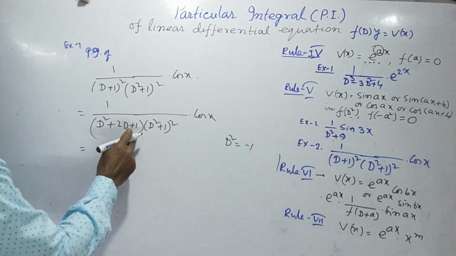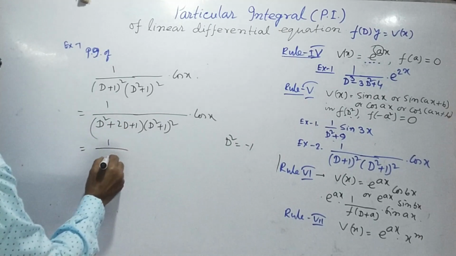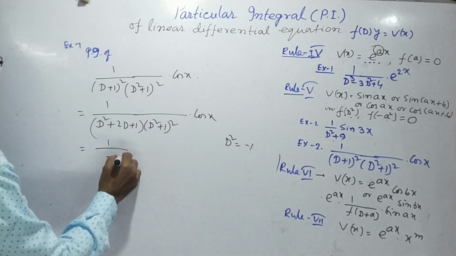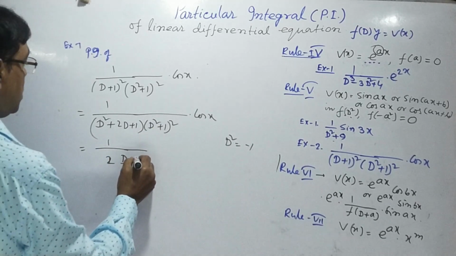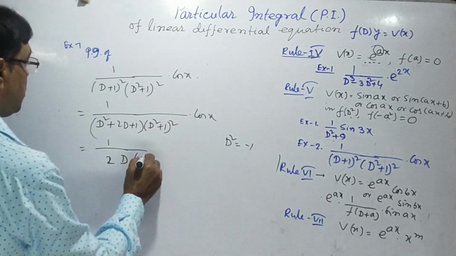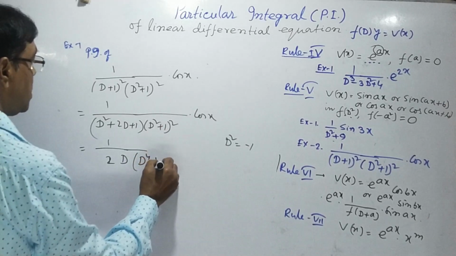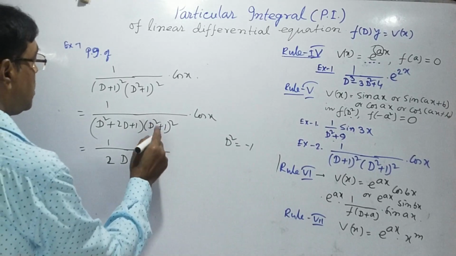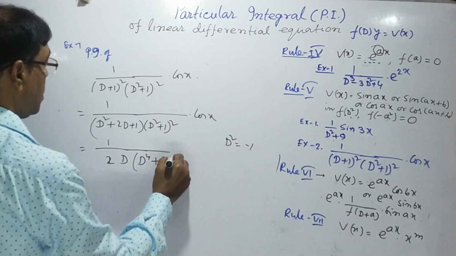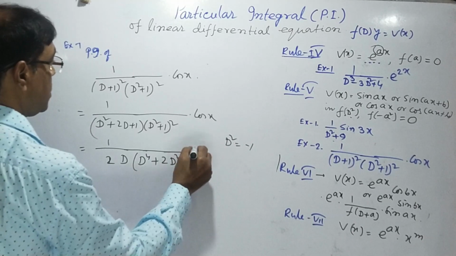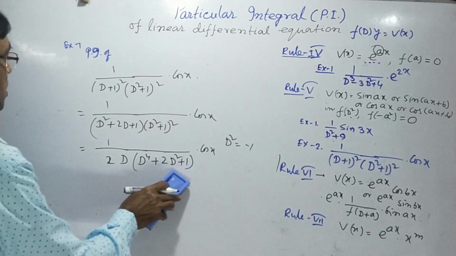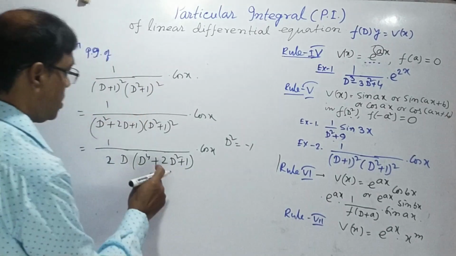This is minus 1 plus 1, 1 by minus 1 plus 2d plus 1, that is 1 by 2d into d to the power 4 plus 2d square plus 1, into cos of x. Here f of minus a square is 0.